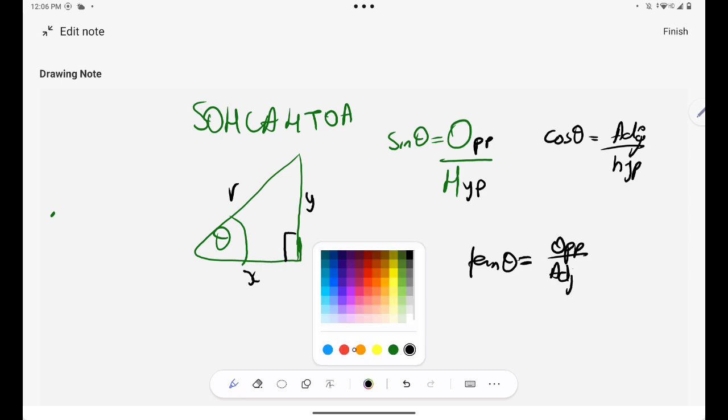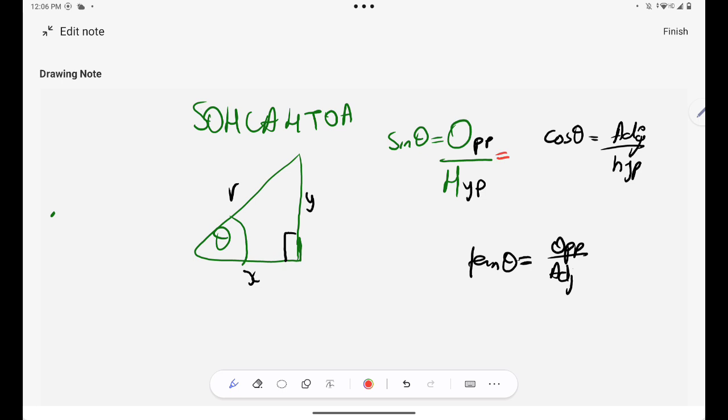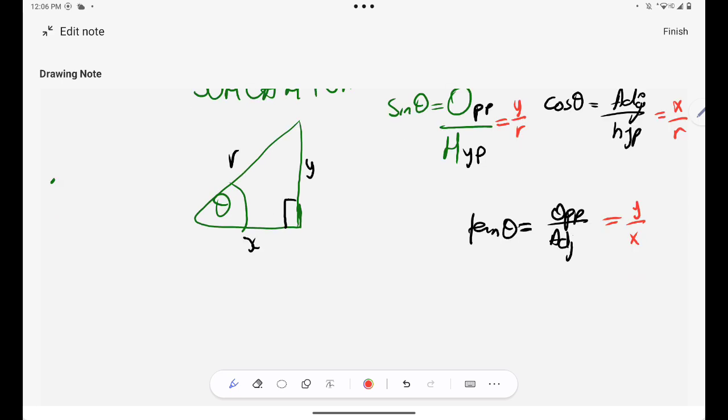If we want to write it in terms of x, y, and r, sin theta will be just y over r, cos theta will be x over r, and then tan theta will be just y over x. Are you together?